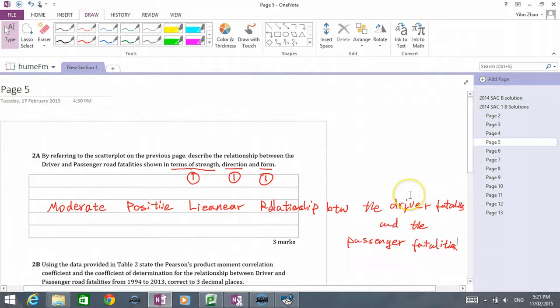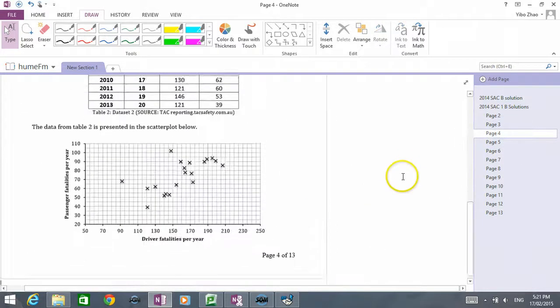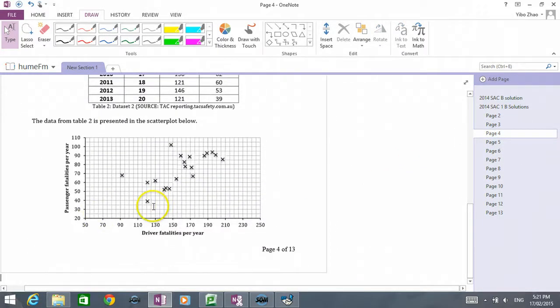Because if we look at the previous page, at those scatter plots, what I can conclude is roughly, if we have more drivers die, the number of passengers died would increase roughly, but not 100%, not exactly, but roughly. And this shape, if you look at it, is actually going up.